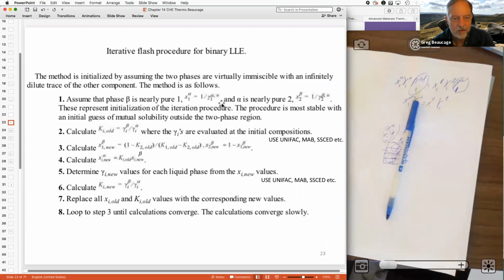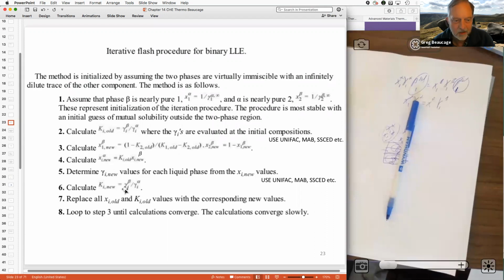So basically the pure components, and then use that k function to get the x's, the two k functions, and then this is the other k function, and then with those x's, determine the gammas using your program like UNIFAC. You need a composition, like we were putting in the composition in UNIFAC to get the gammas.